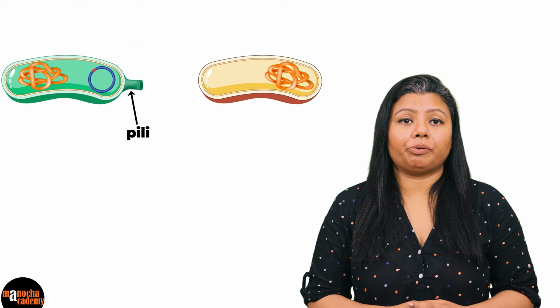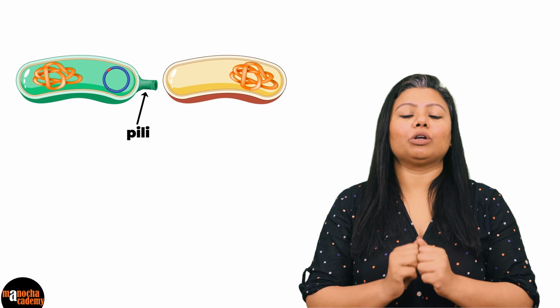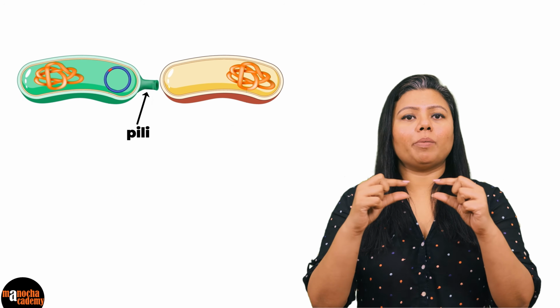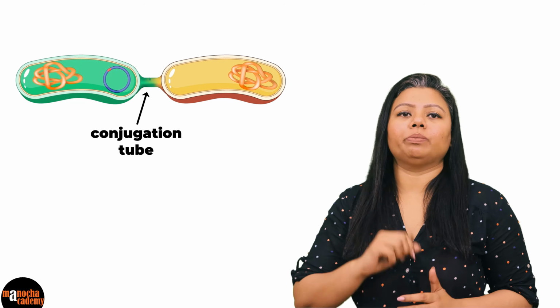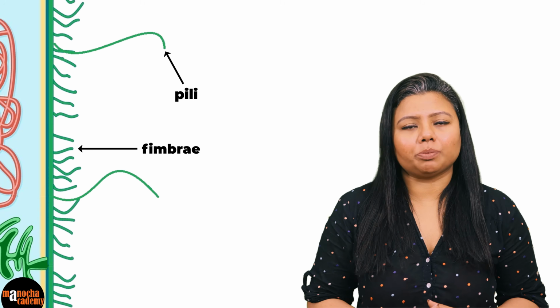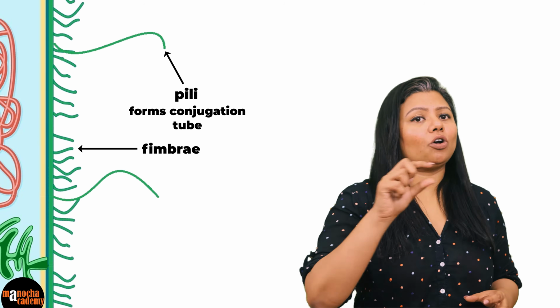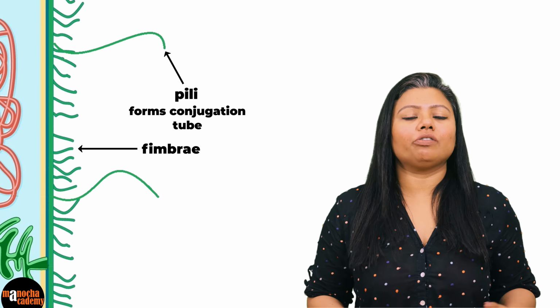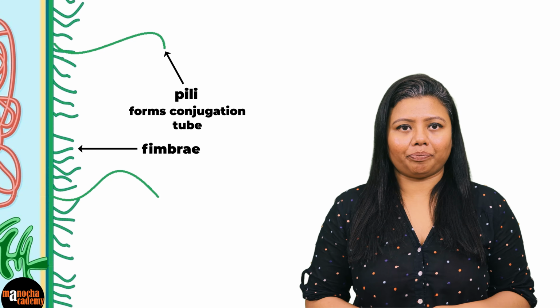So during sexual reproduction, when two bacterial cells come close to each other, they have to form a connection between the two, and that is known as a conjugation tube. This is a structure through which the genetic material of one bacterial cell travels to another bacterial cell to get mixed or shuffled. So the pili is responsible for forming that conjugation tube during sexual reproduction in bacteria.